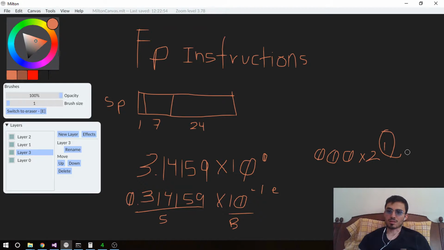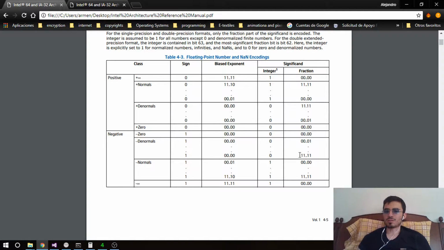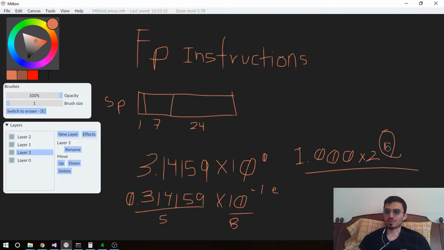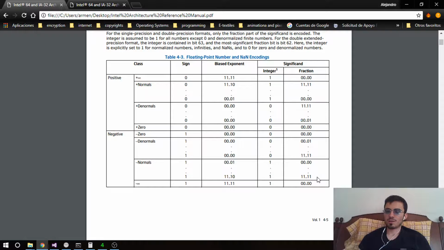If it's an implied normalized value, this is a normalized positive floating point value. If it was 0, it would be denormalized. If this number was 0, it would be a 0 itself, you know.